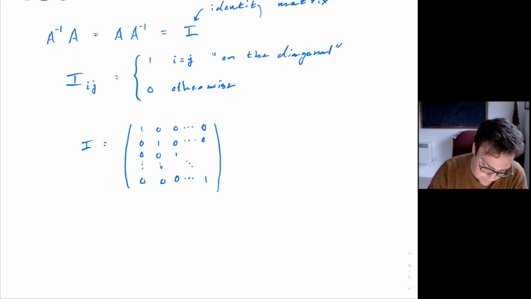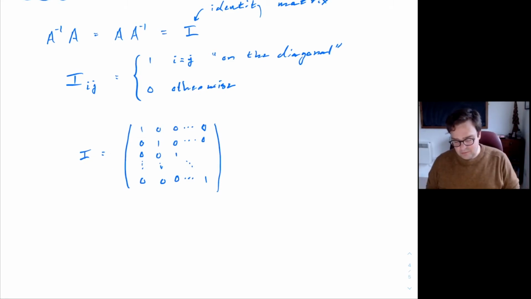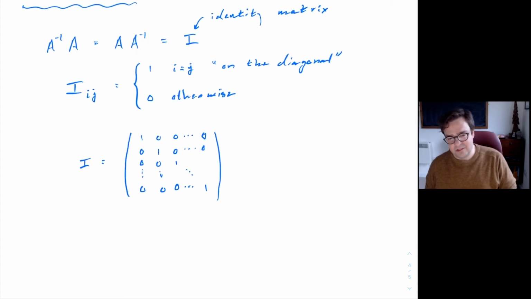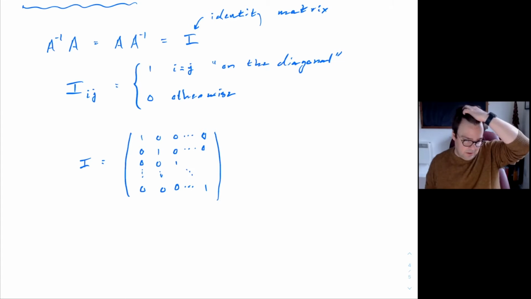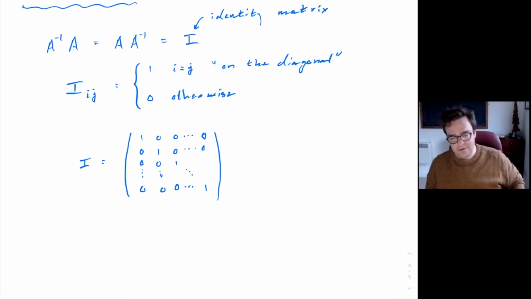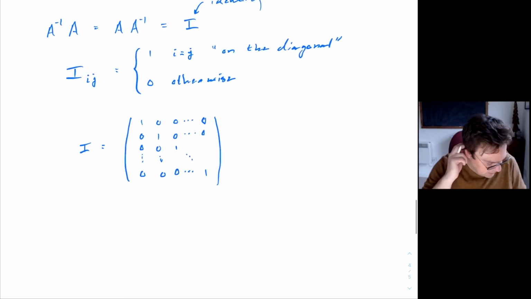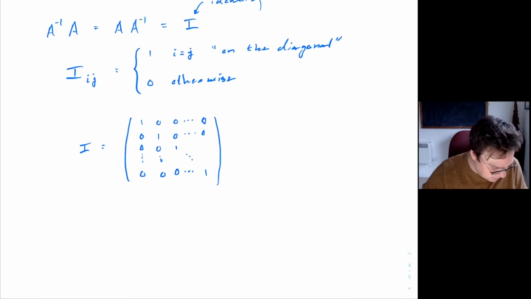Right? So the only places that are not 0 are on what we call the diagonal, and that's the identity matrix. And of course it has to have the right dimensions, so there are identity matrices of different dimensions. Notice that it's square, and so there's the 1 by 1 identity matrix, which is the number 1. There's the 2 by 2 one, and so on.